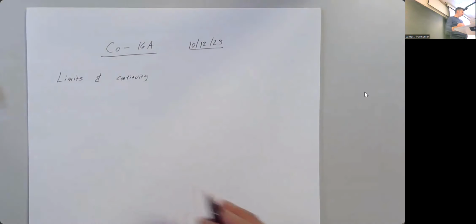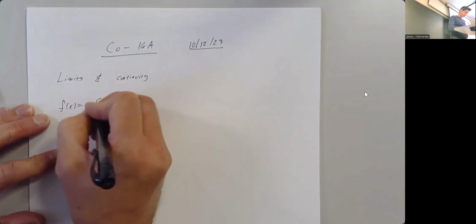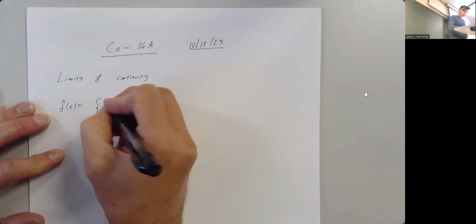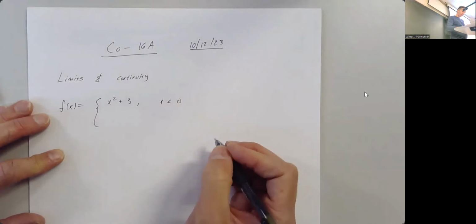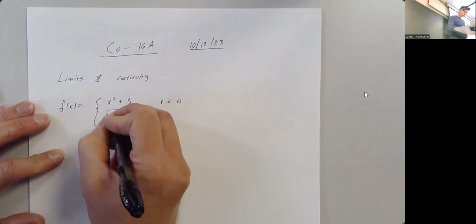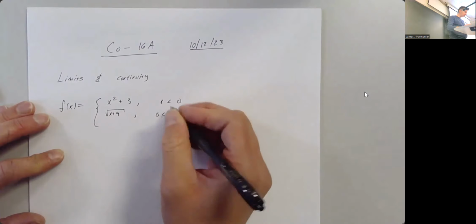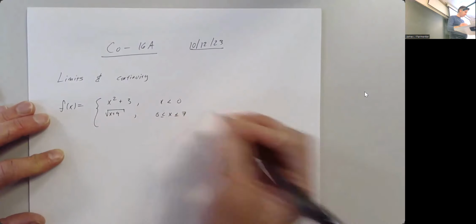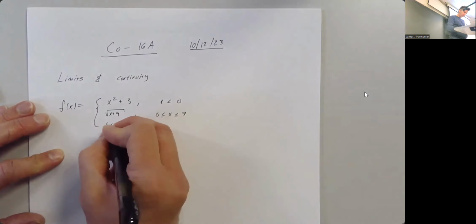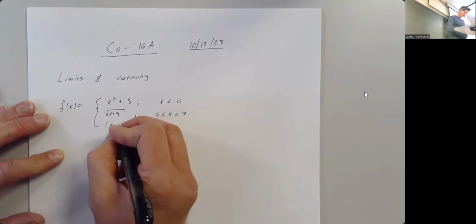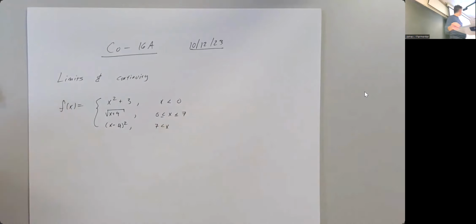So let's take a look at this function. We have f of x equal to x squared plus 3 when x is less than 0, the square root of x plus 9 when x is bigger than or equal to 0 and less than or equal to 7, and x minus 4 squared when x is bigger than 7.